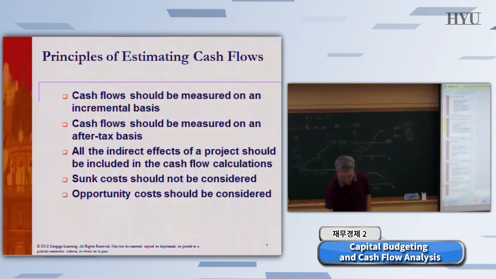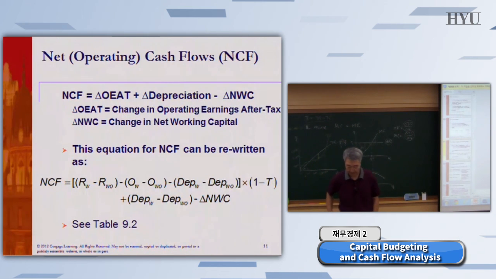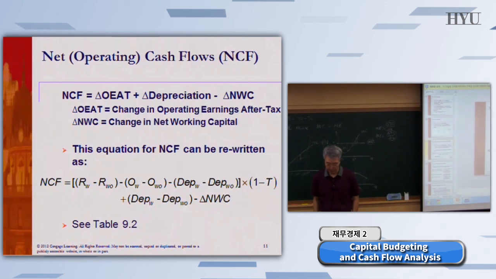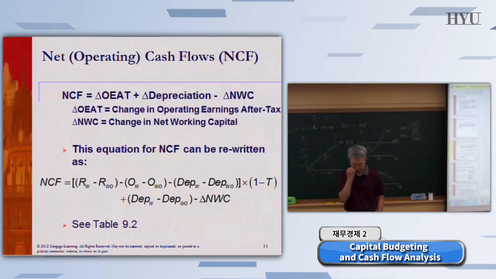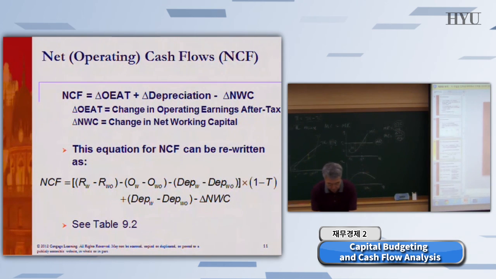So actually, let me skip a few slides here. This is slide number 11. So in order to come up with a net cash flow, first of all, we're going to think about the revenue of your company with the project versus without the project, okay?